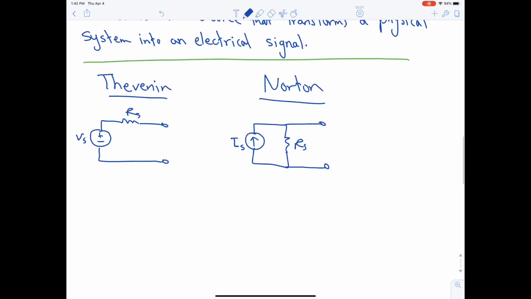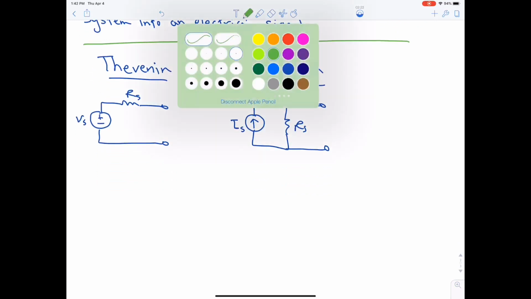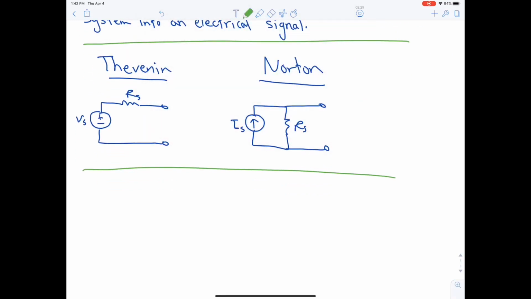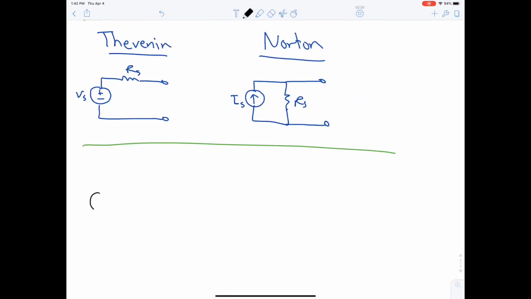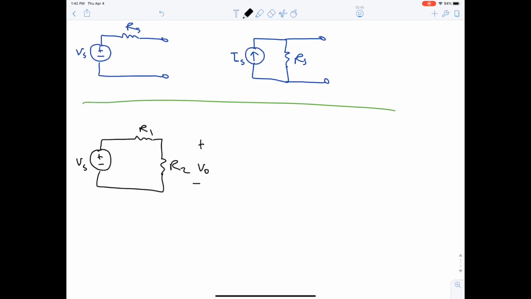Okay. Now, if I tell you we have this kind of circuit, we have a voltage source and two resistances in series, and I ask you to find the voltage V output in one step.